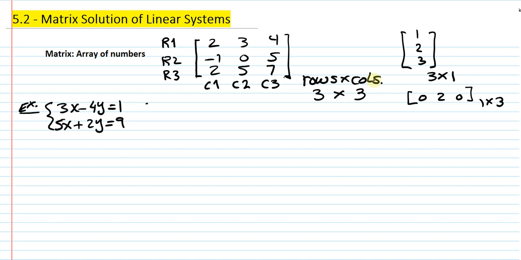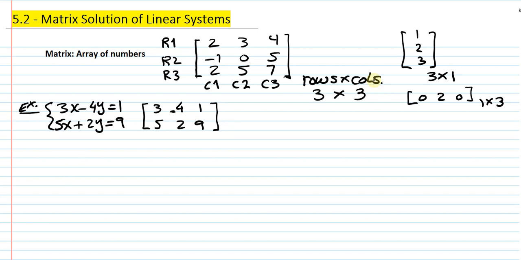So we can rewrite this as a matrix. The matrix is going to have the coefficients 3, negative 4, 5, 2, and then the constants 1 and 9. So notice we basically strip the system of the variables and the equal sign.